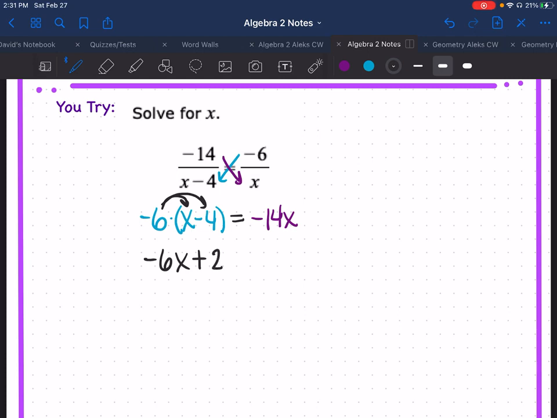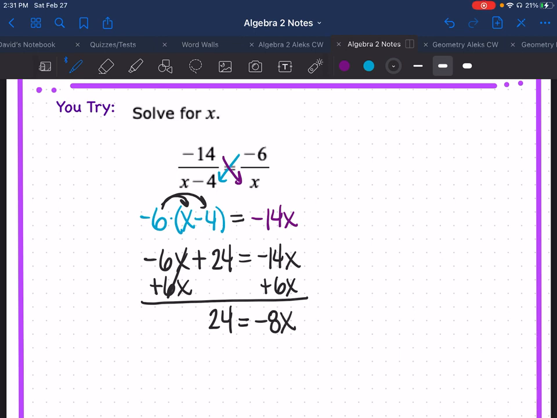Minus and minus would become plus. Ooh, no, not 8. What am I doing? 14x. And then we just solve our equation. And that was our correct answer.